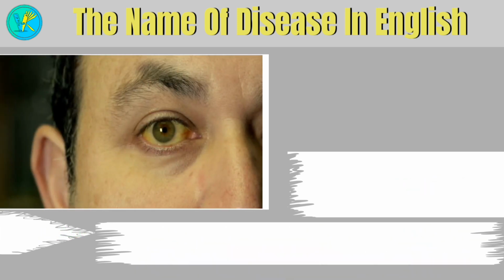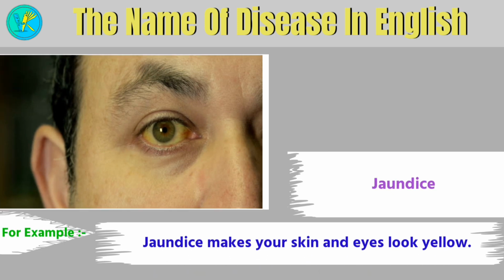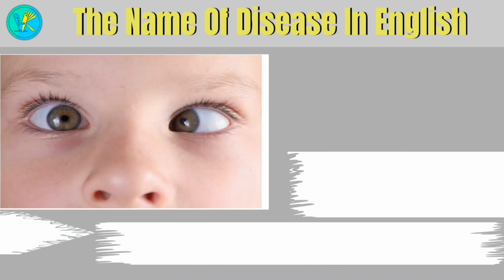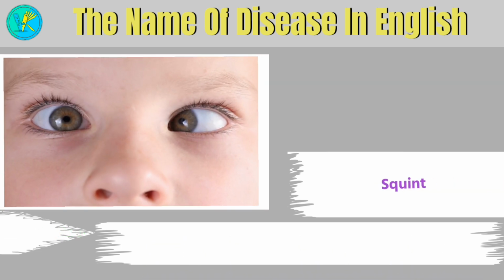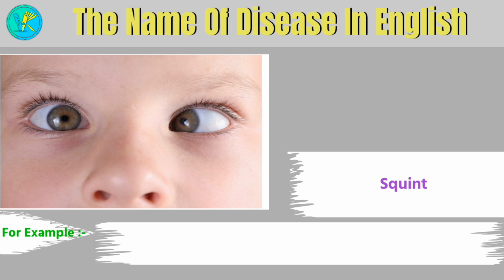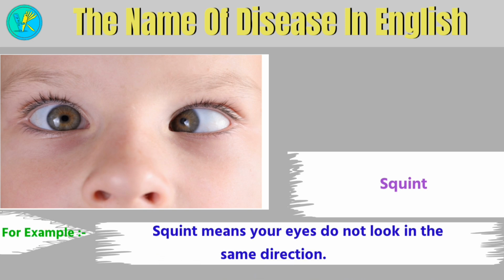Next, jaundice. For example, jaundice makes your skin and eyes look yellow. Next, squint. For example, squint means your eyes do not look in the same direction.